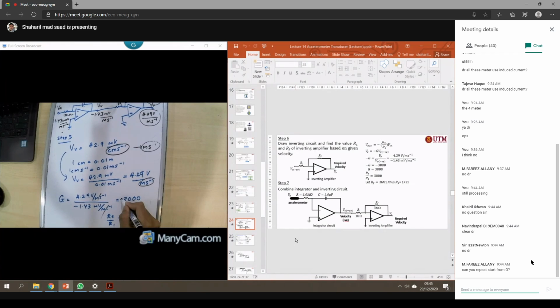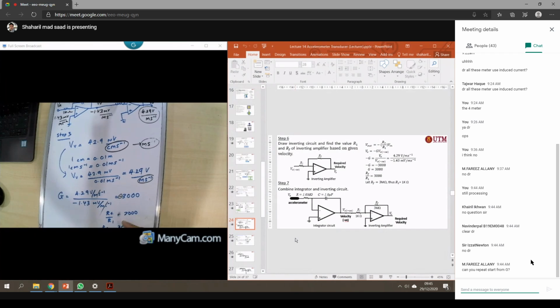It doesn't matter. You take the magnitude, because your value for resistance will always be positive. There is no negative value.